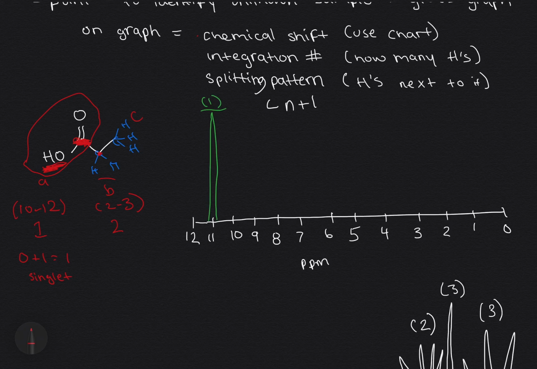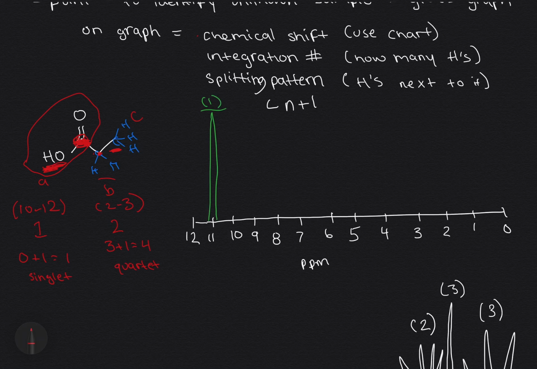It's going to show up somewhere around there, and then what is our splitting pattern? So remember, we look at any atoms next to it. So we have this atom and this one. We already know there's 0 there. Then on this one over here, there's 3. So 3 hydrogens plus 1 gives us our splitting. That equals 4. 4 is a quartet.